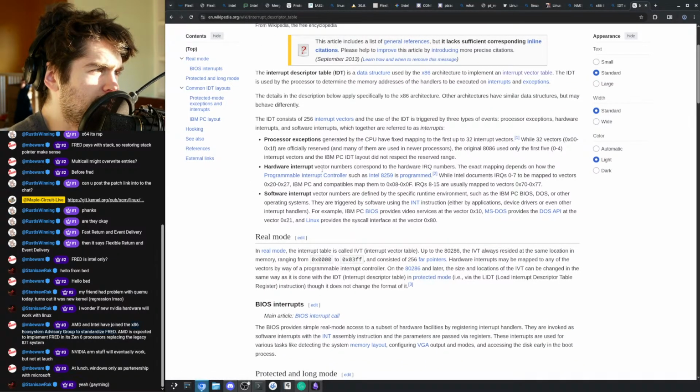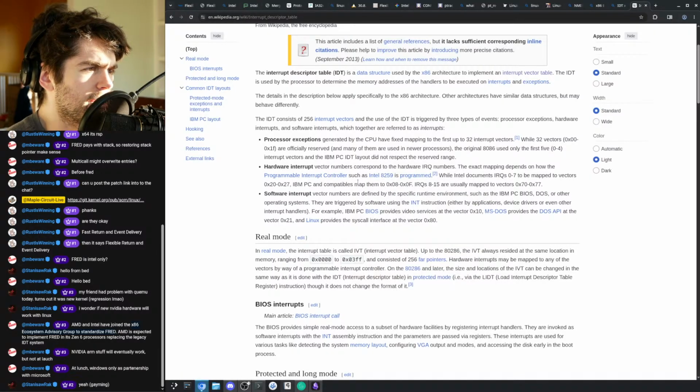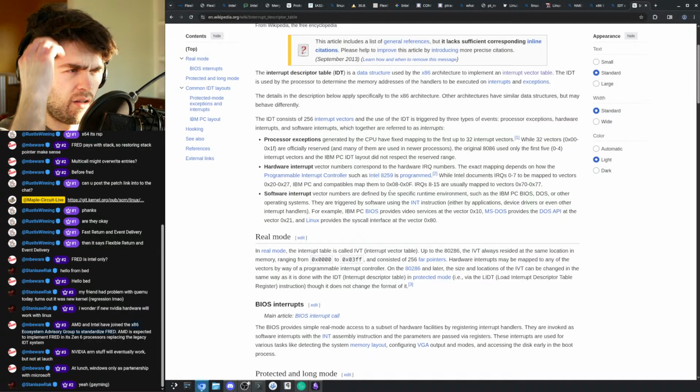Hardware interrupt. Vector numbers correspond to the hardware IRQ numbers. The exact mapping depends on how the programmable interrupt controller, such as Intel 8259, is programmed. Okay.